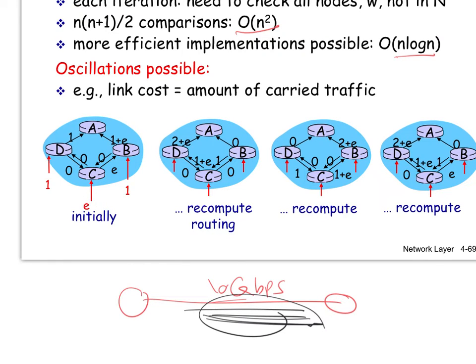So imagine if I need to send E units of traffic, and one from this node to A, and E from C to A, and one from B to A. After sending this packet and this packet and this packet, assuming that this packet will go this way, the cost on this link will be E, because there are E units of traffic going from C to B. And from B to A, we have E units and we have one coming from B to A. So the cost on this link will become E, the cost on this link will become 1 plus E. And from D to A, we have one unit, so that's normal.